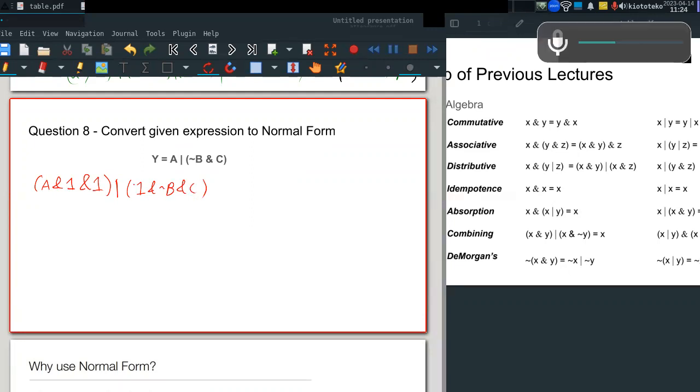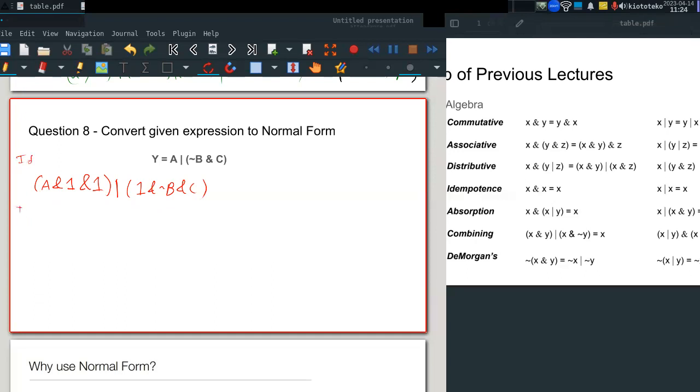Okay, now we will need to use the inverse law to just replace these ones with the variables we want. Okay, this was with identity. So we use inverse to put the variables we want.